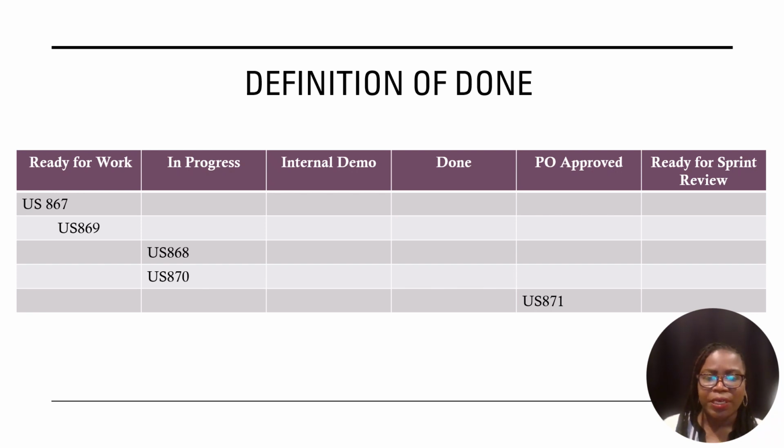met those criteria, and we were able to take a look at it as a team, we moved the work item to internal demo, meaning, okay, we made it through that checklist. Now we as a team are going to get together and experience the functionality that's being delivered before we did a sprint review.